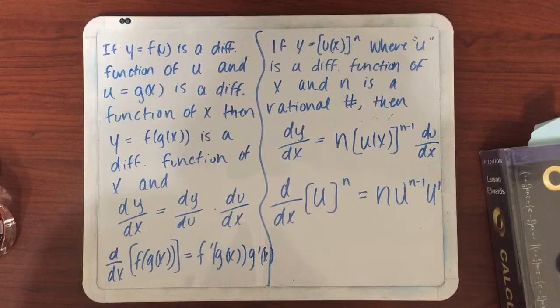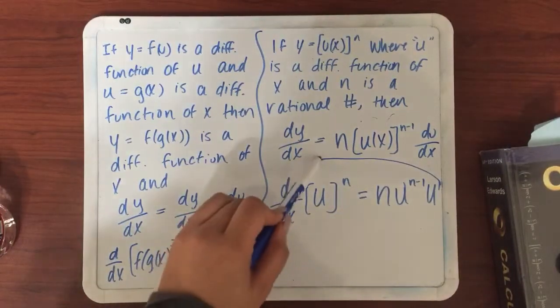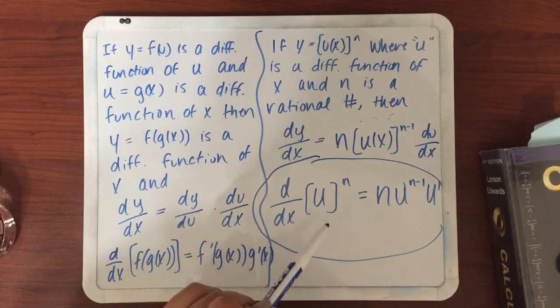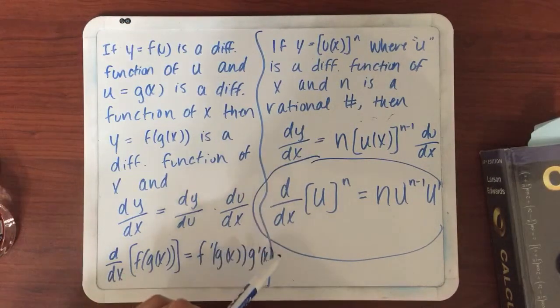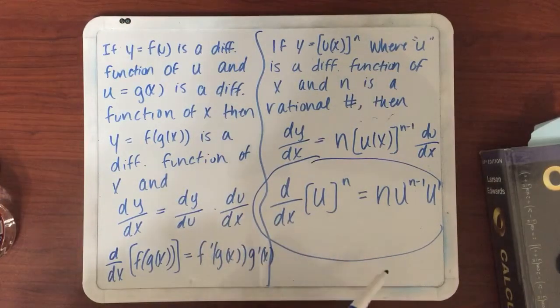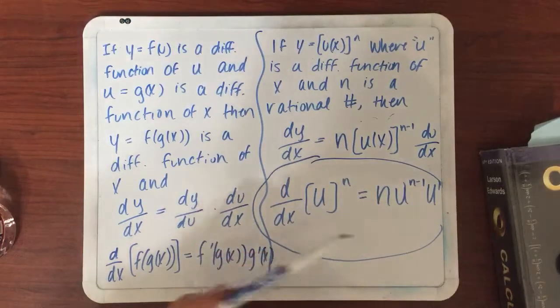That's also a bit confusing, so an easier way to look at the generalized chain rule is using this equation: d/dx of u to the n power is equal to n times u to the n minus 1, times u prime.